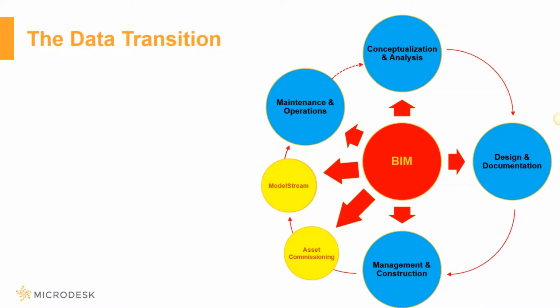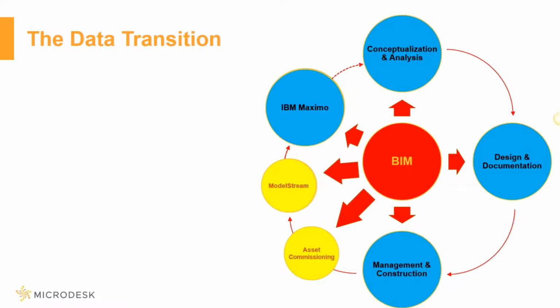So we had done a webinar a number of months back that was talking about how we would use this software called Model Stream, which is our own software, that would allow us to move the data between Revit and IBM Maximo, and then from Maximo back into Revit. It's a seamless bidirectional transfer of information between the two systems.